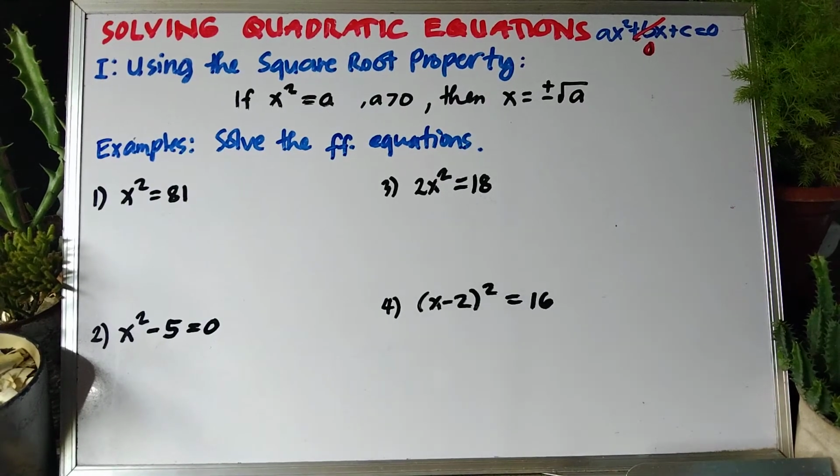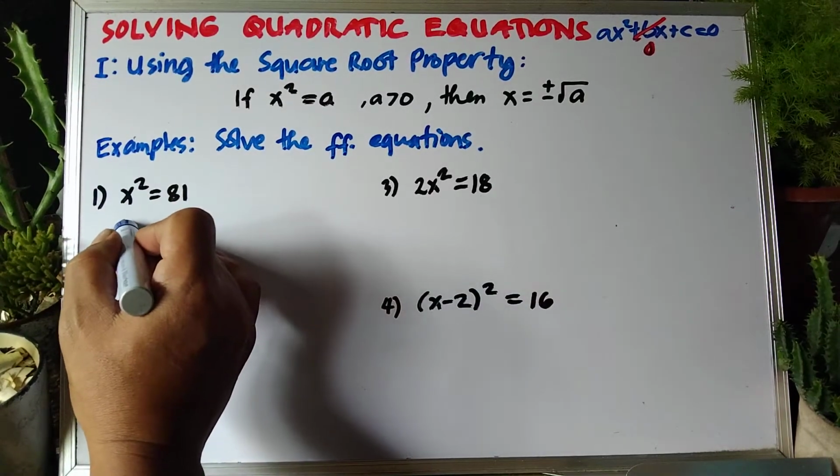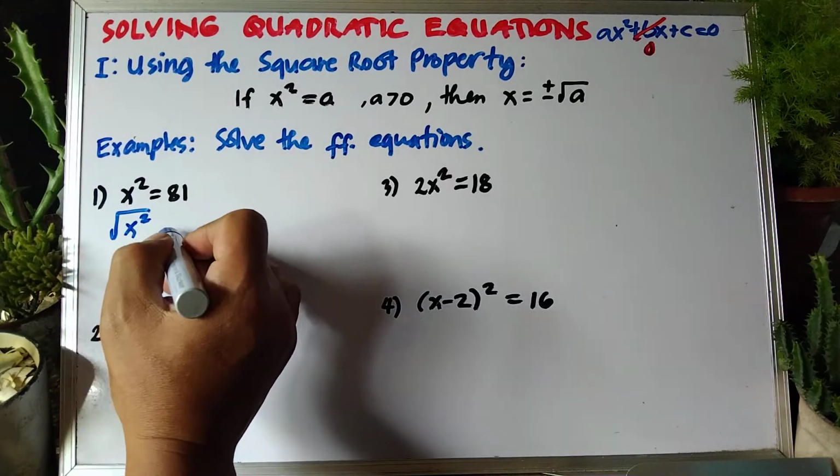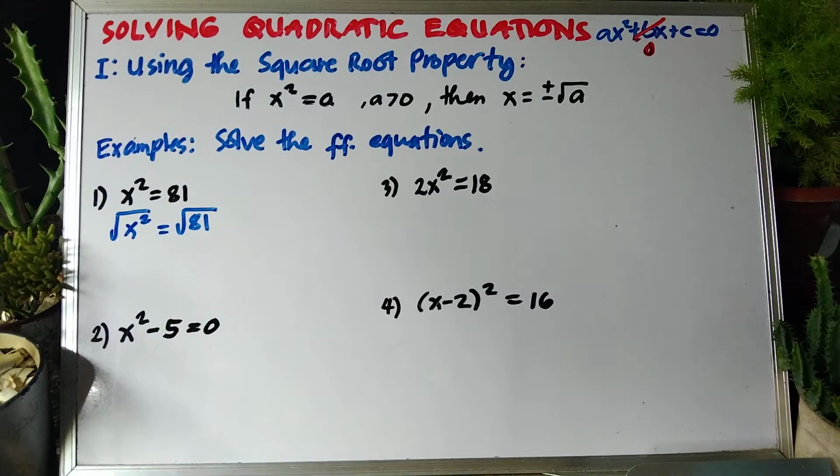You are given x squared is equal to 81. So, take note, we need to find the roots or the value of x. So what are we going to do here? Basically, we will extract the square root. So this becomes the square root of x squared is equal to the square root of 81. We extract the square roots to both sides of the equation.